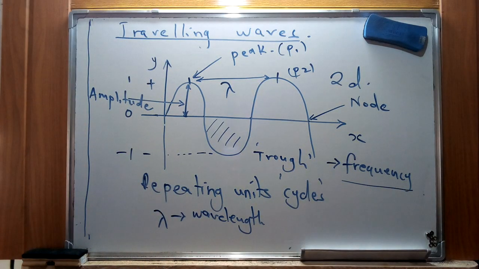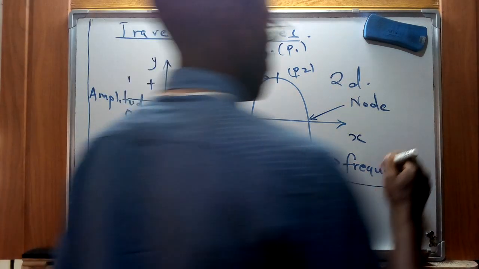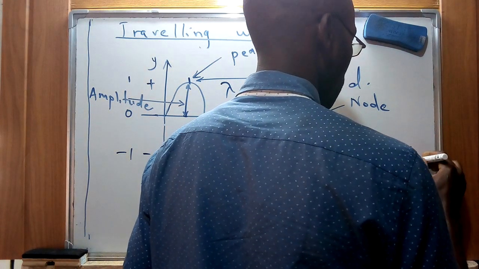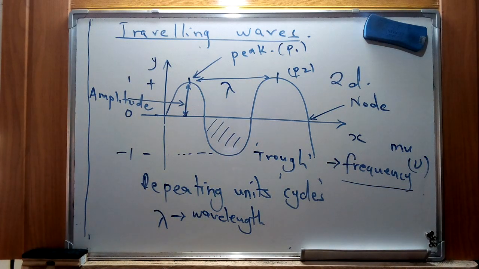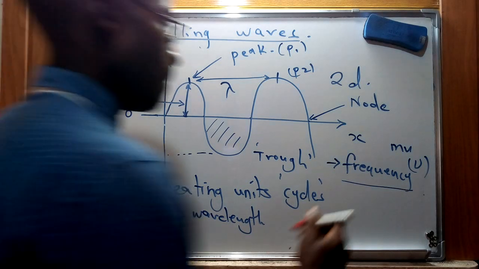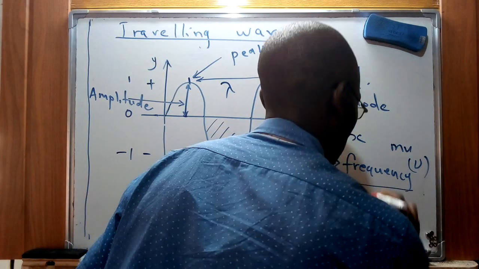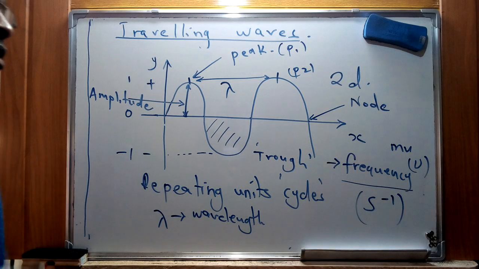So it's a ratio of the number of cycles per second. We denote it using the Greek letter mu, and it is measured in units of per second.